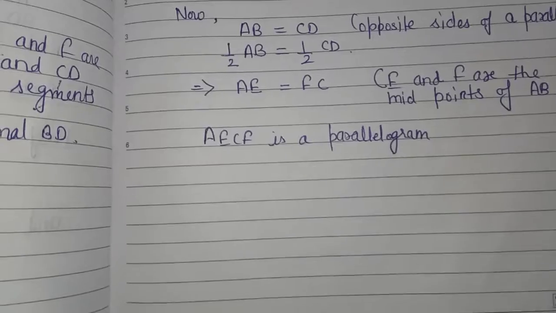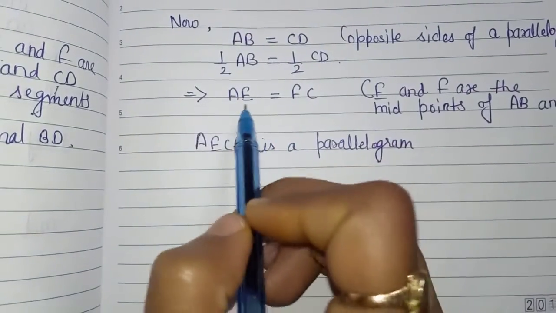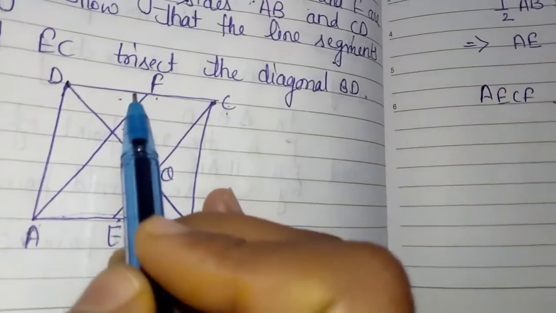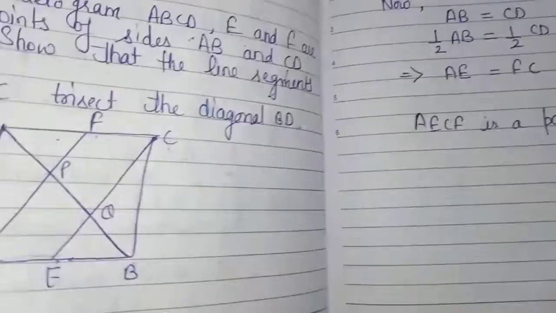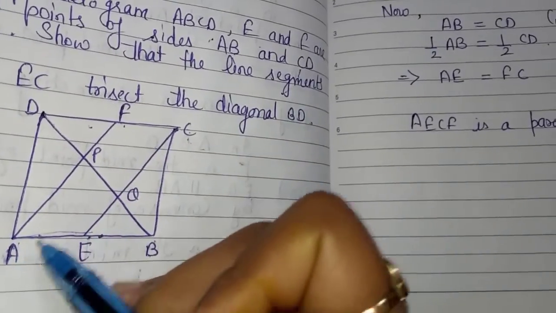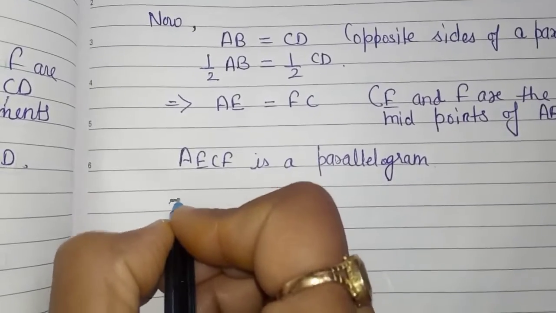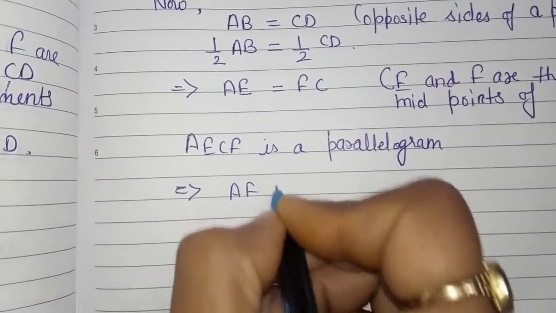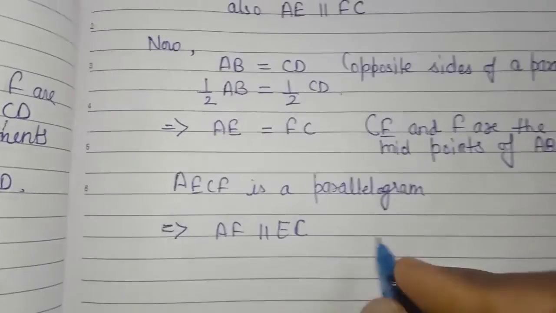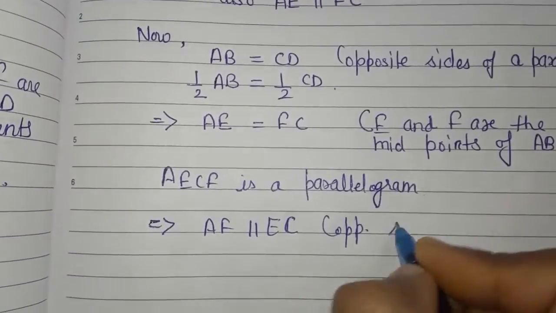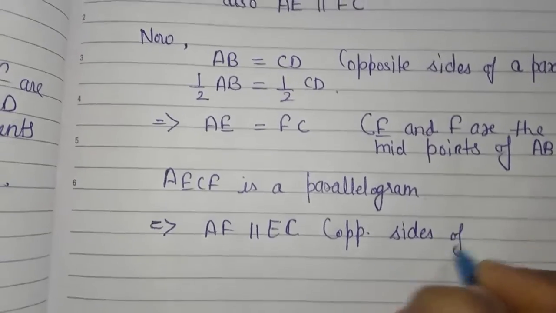By applying AE is equal to FC and AE is parallel to FC, we can say that AECF is a parallelogram, and on this basis AF is equal to EC, implies AF parallel to EC. Opposite sides of a parallelogram.